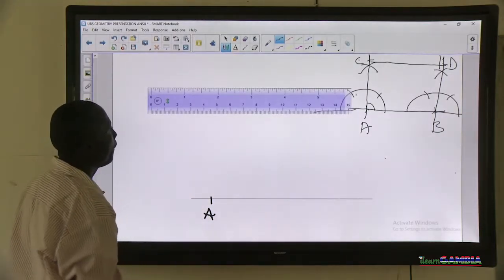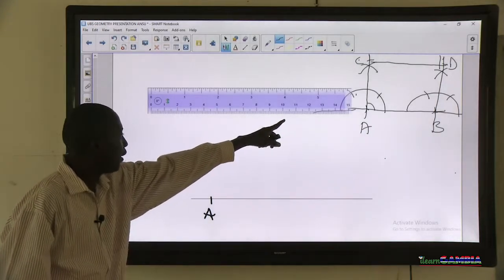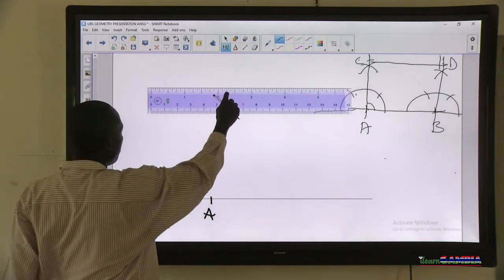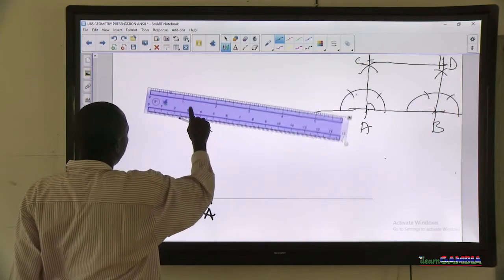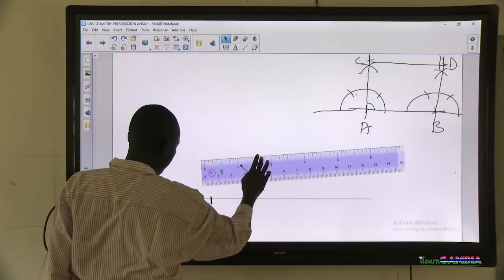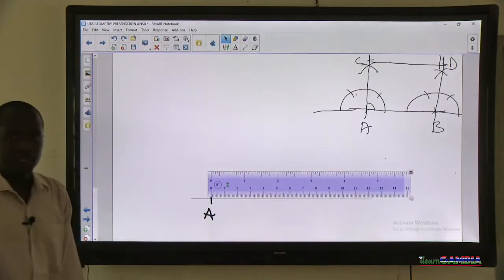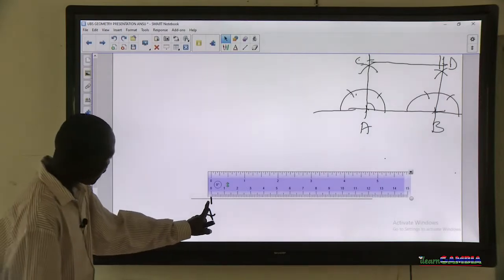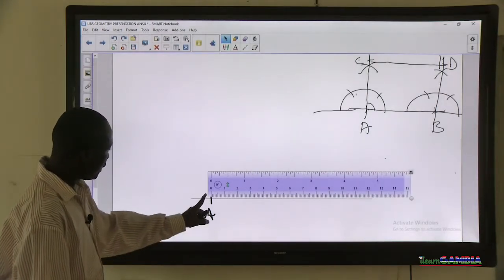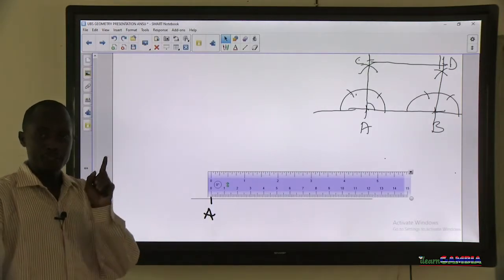I take my ruler. So I have the centimeter readings here. So I will take this and measure 5 centimeters. Let's look at the reading. If you look at it, the point A is at 0. I am supposed to have 5 centimeters.